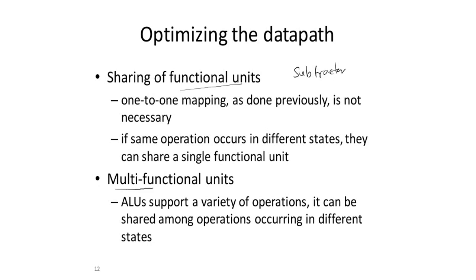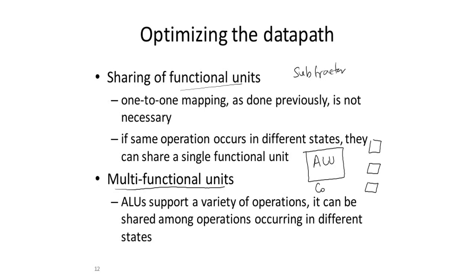Now you can optimize the multifunctional unit. What is the meaning of multifunctional unit? For example, you could have a complete ALU, or you could have only some blocks of functional units. The ALU contains all the functional units such as adder, subtractor, assignment, everything, but you can use them separately also.